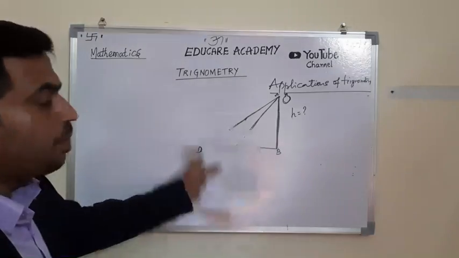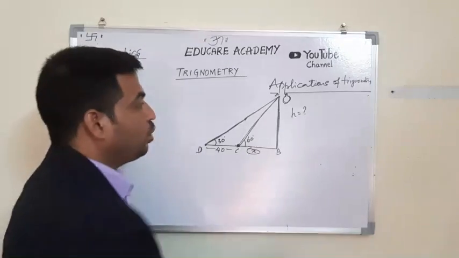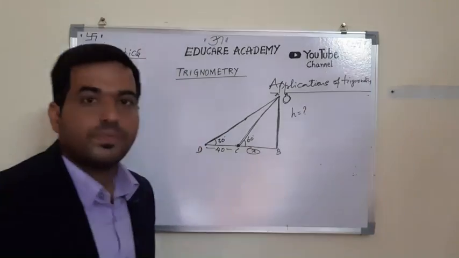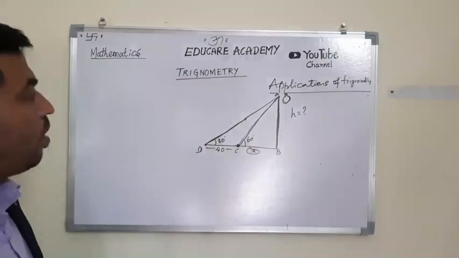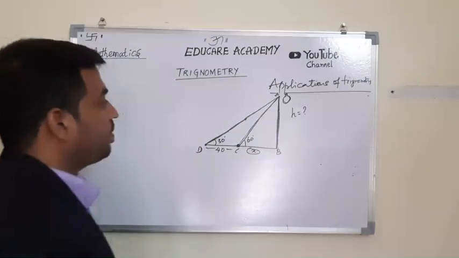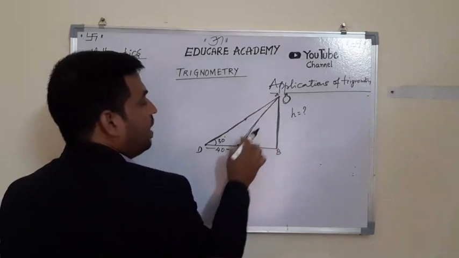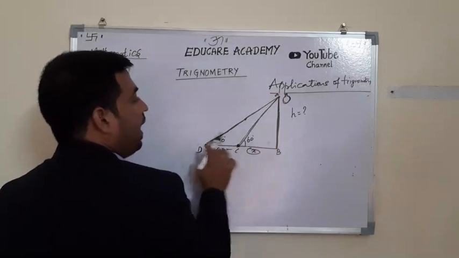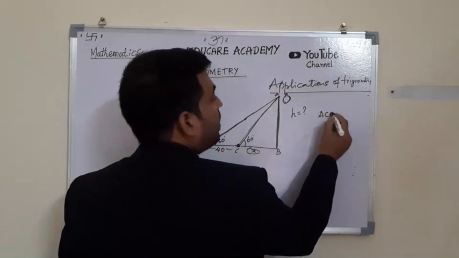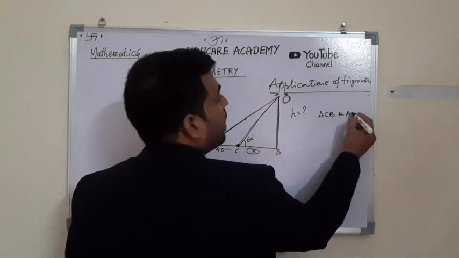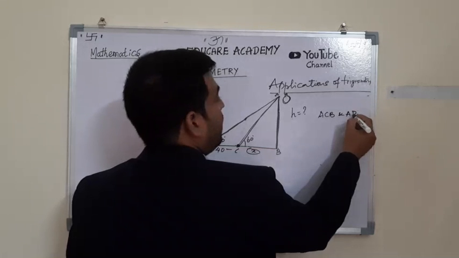So this problem can be dealt with trigonometric ratios. Now we have to take the concept of right angle triangle here. Now here you will get two right angle triangles: one is triangle ACB and the other is triangle ADB.